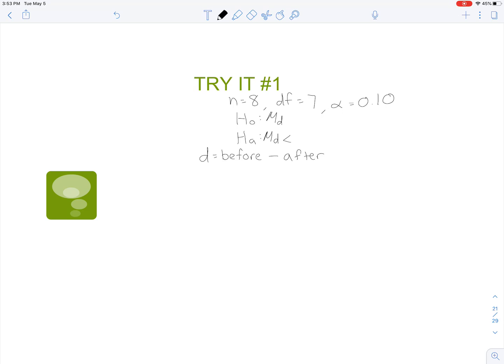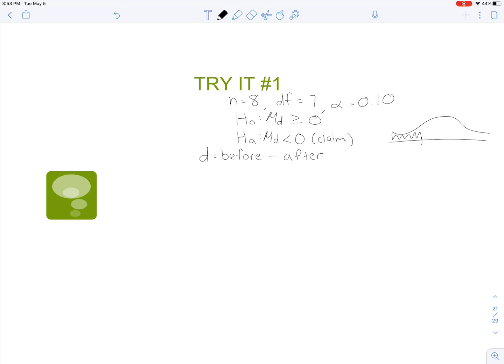So we would expect our mu to be smaller than 0. That's our claim, so the opposite for H sub 0 would be true. Looking at this, I see that this is going to be a left-tailed test because that's the direction my H sub a is pointing.